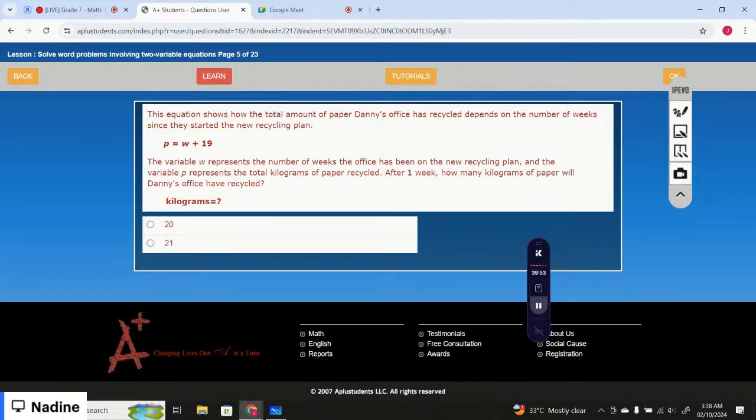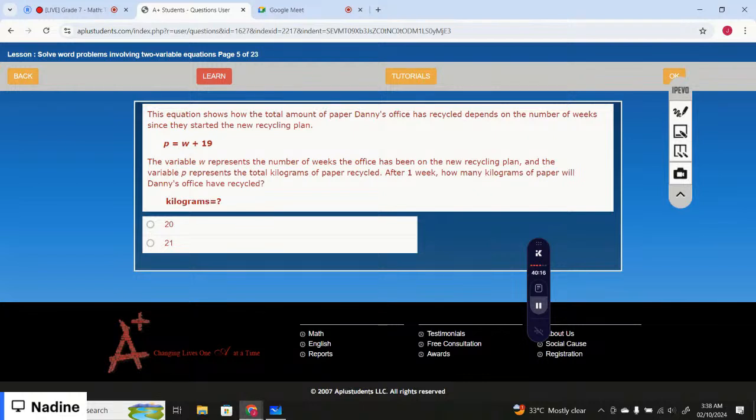The equation shows how the total amount of paper Danny's office has recycled depends on the number of weeks since they started the new recycling plan. P equals W plus 19. The variable W represents the number of weeks the office has been on the new recycling plan, and the variable P represents total kilograms of paper recycled. After 1 week, W equals 1.